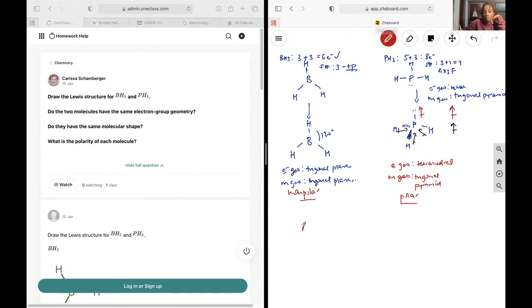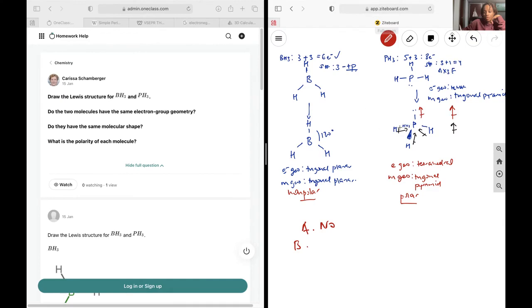So the answer to Question A is no. B, do they have the same molecular shape? One is trigonal planar, the other one is trigonal pyramid. Those are two different things. Trigonal planar is in the plane, so exactly as I've drawn it. Trigonal pyramid is more like a tripod.